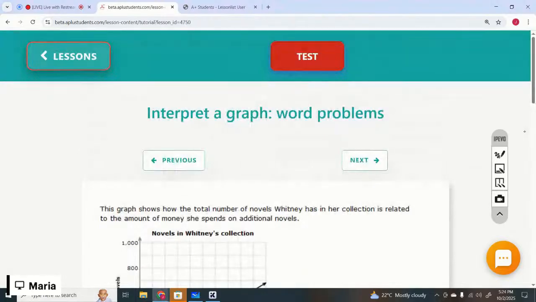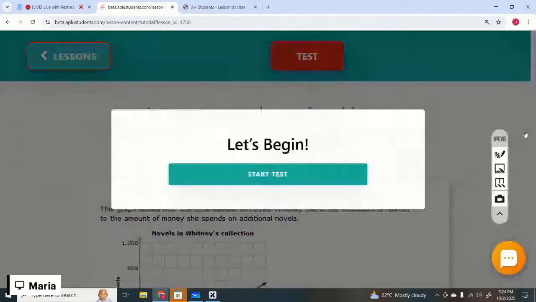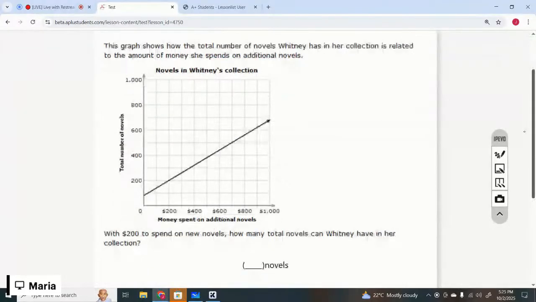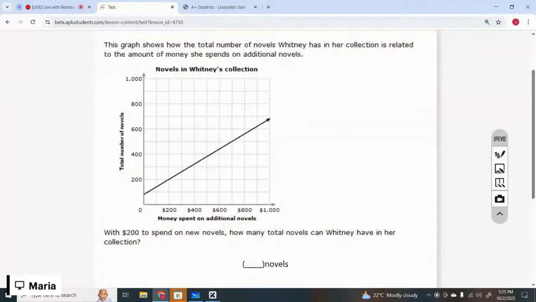Let's start with the test questions. This graph shows the total number of novels Whitney has in her collection related to the amount of money she spends on additional novels.